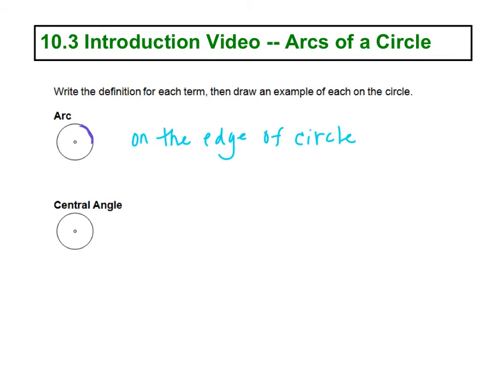Alright, central angle. I feel like we may have talked about this in another video, but we'll go over it again. A central angle is an angle where the vertex is at the center of the circle.